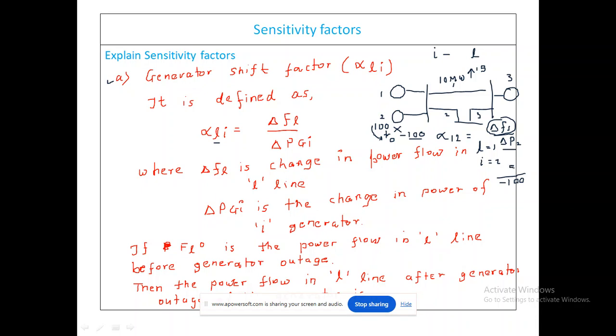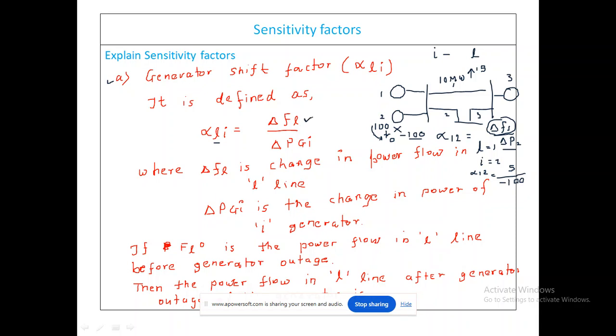So 5 divided by minus 100 will be our alpha 1 2. Likewise, we calculate alpha L1, alpha L2, alpha L, alpha 1 1, alpha 1 2, alpha 1 3, alpha 2 1, and so on; all sensitivity factors are calculated. So just try to understand this sensitivity factor.